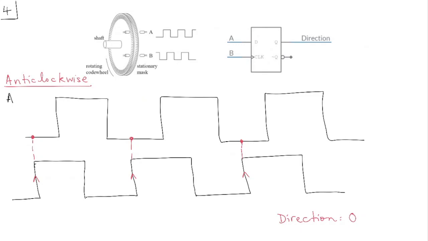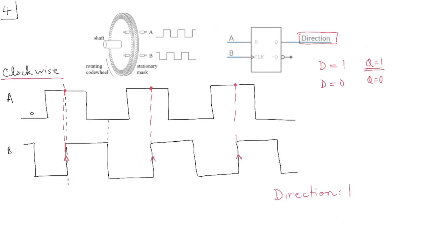So when we have an anti-clockwise rotation, direction is going to be 0, and when we have a clockwise rotation, direction is going to be 1. And that's how this D flip-flop helps us find out the direction in which the code wheel is rotating.